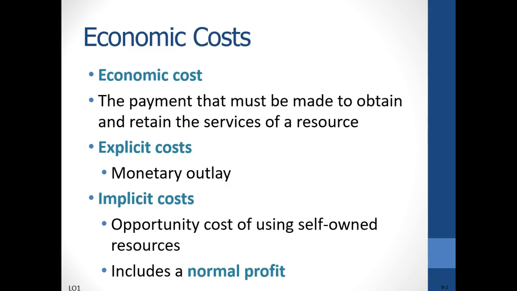Implicit costs are the money payments the self-employed resources could have earned in their best alternative employment. Think of implicit costs as the opportunity cost of using self-owned resources. Implicit costs also include a normal profit, because a normal profit is the minimum payment to keep a self-employed owner and their entrepreneurial ability involved in the business.